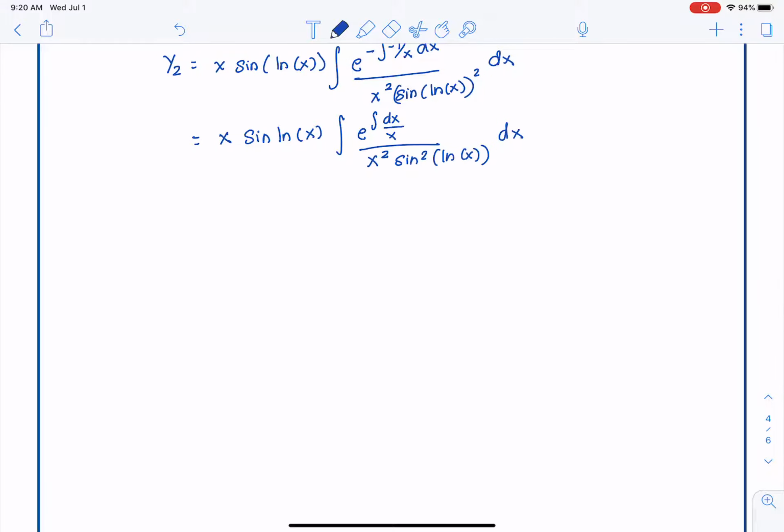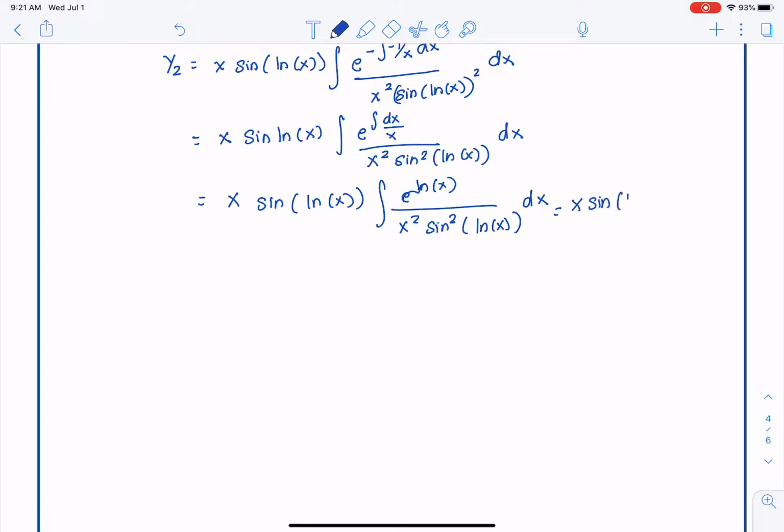And dx over x in the numerator would simply be equal to ln of x. Those two would go away and we would simply have x times sine ln of x multiplied by x over x squared sine squared ln of x dx.